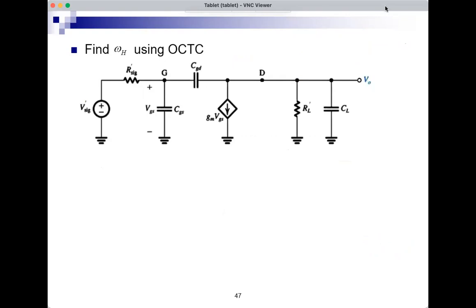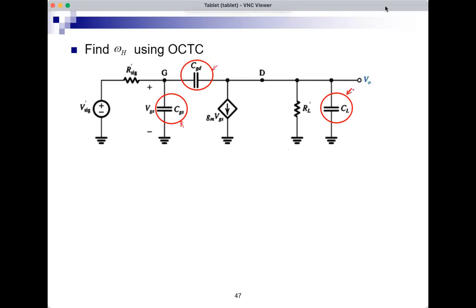So here's our circuit. Here's our common source amplifier. Now I want to apply OCTC here. So how many capacitors do I have? CGS, 1, CGD, 2, CL, 3. 3 capacitors. So this is the first capacitor, second capacitor, third capacitor.